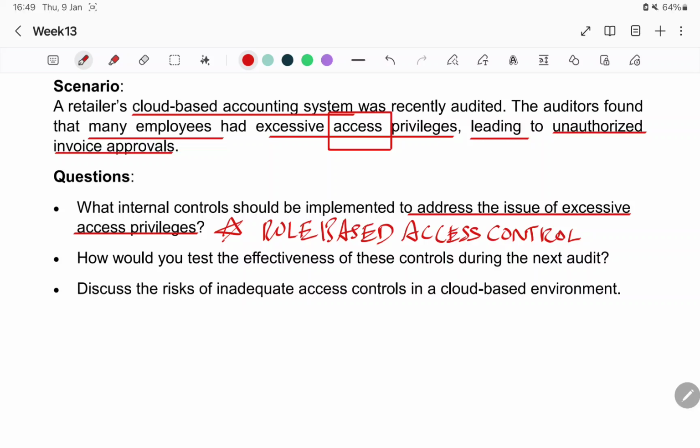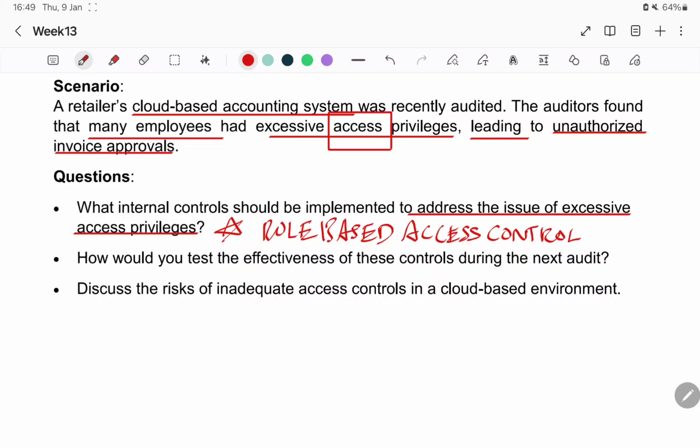I think you must go through all the questions. It means that you create the access control based on the role the person is doing. The role, let's say you're a manager or you are just an accounts technician.